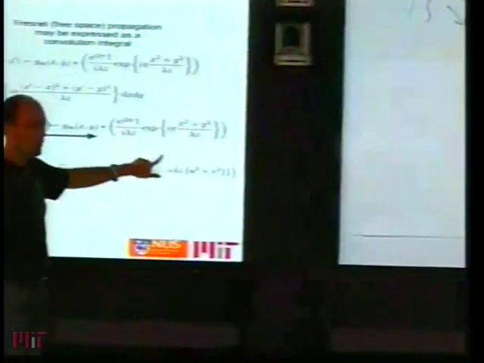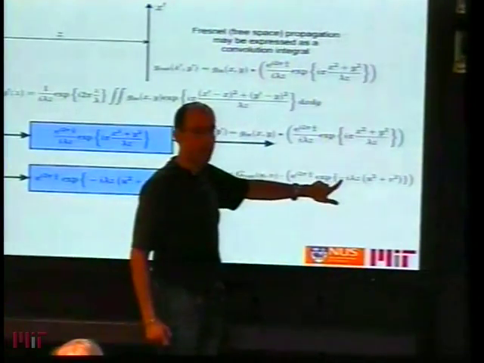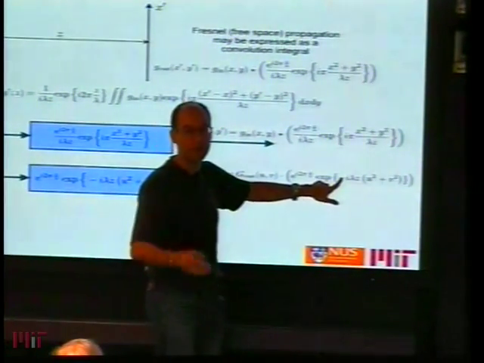I really am not going to prove this, but you can look up in Goodman's book, in the table of Fourier integrals, the Fourier transform of an expression like this one, and you find that it looks very similar. This is a quadratic phase delay. Its Fourier transform also looks like a quadratic phase delay, but it has two key differences. One is that it has a minus sign, so it is actually a quadratic phase advance, if you wish.